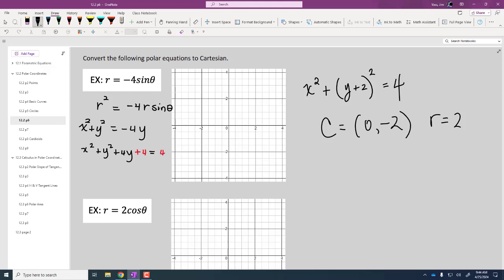0, negative 2, and a radius of 2, so it looks... I didn't like that. That was close. Whoa. Is undoing stuff over there? Okay, let's try that again. Circle of radius 2.